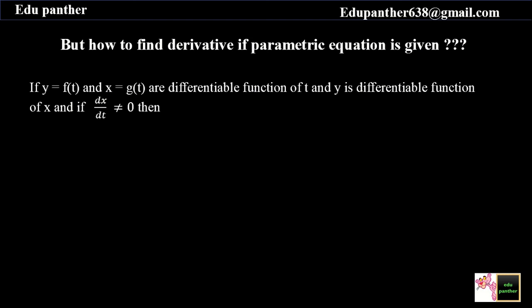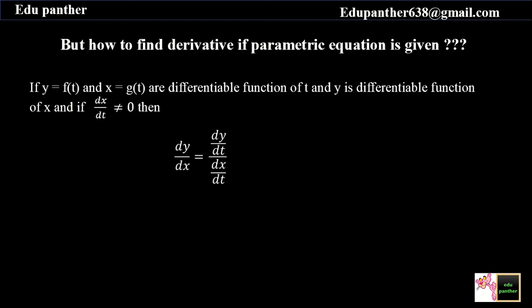Then in such cases how to find dy by dx? So for that use this formula, dy by dx will be dy by dt upon dx by dt, that means derivative of y with respect to t divided by derivative of x with respect to t. So using this formula we can differentiate any parametric function.